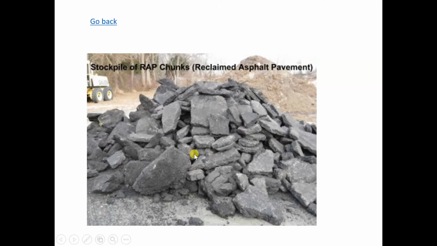This is all asphalt, which they call reclaimed asphalt pavement. Maybe the road is no longer in service, or sometimes they want to cross the road, so they could take away all the asphalt pavement and stockpile it somewhere, and later on they can recycle it, crush it, and use it for another site.